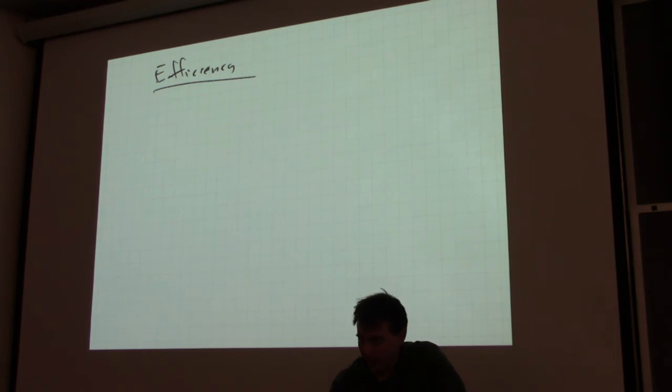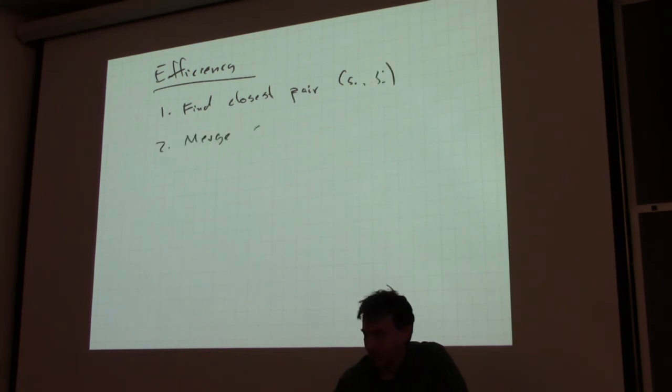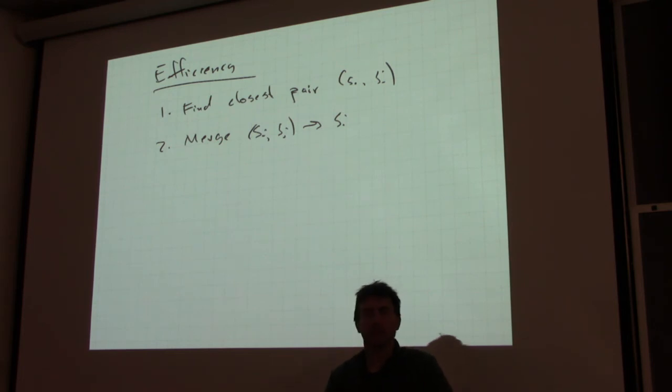Remember, it's basically find the closest pair Si, Sj, merge Si, Sj. And then you loop.